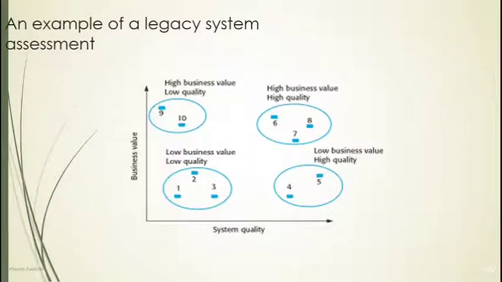So you can see the legacy system assessment. There is system quality as well as business value. A system with low business value as well as low quality sits at the bottom.